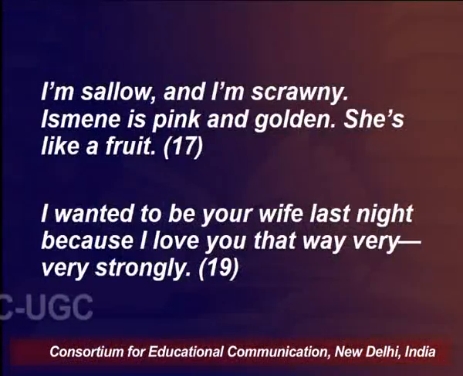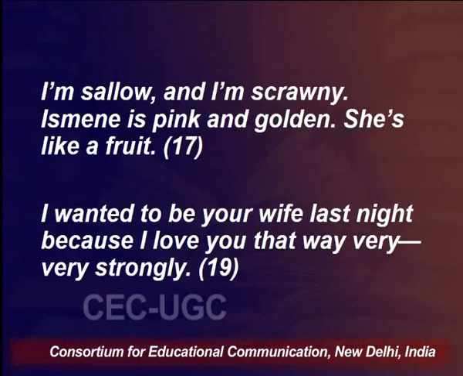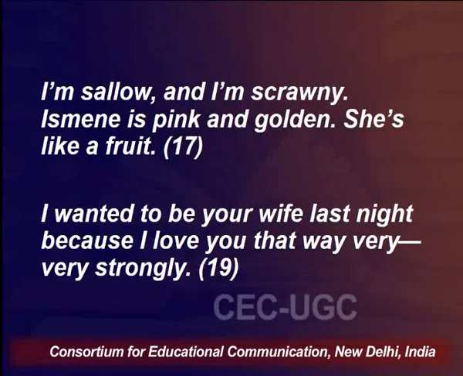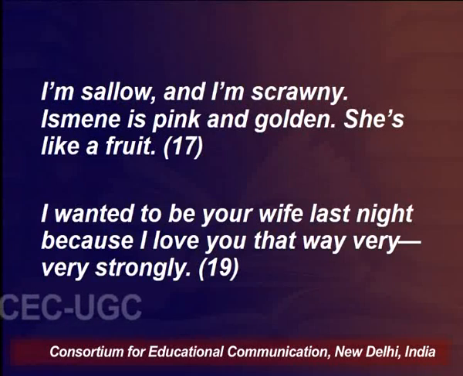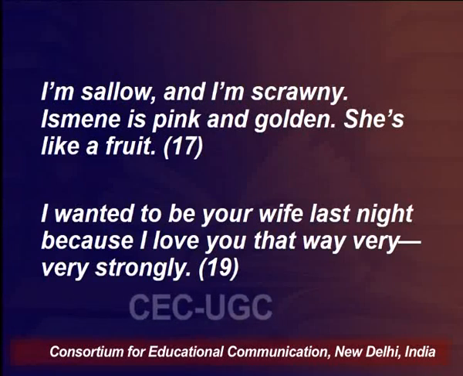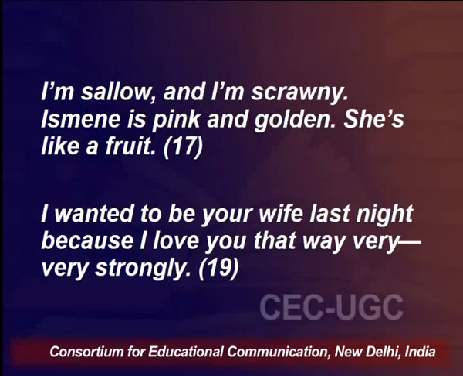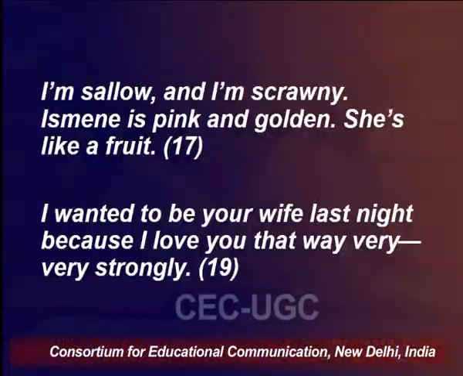So she asks him, are you sure that you did not like Ismene, and that you really do like me? So she says that I'm sallow and I'm scrawny. Ismene is pink and golden. She's like a fruit. So Ismene is shown to be the conventionally beautiful looking woman, whereas Antigone presents herself as sallow and scrawny.